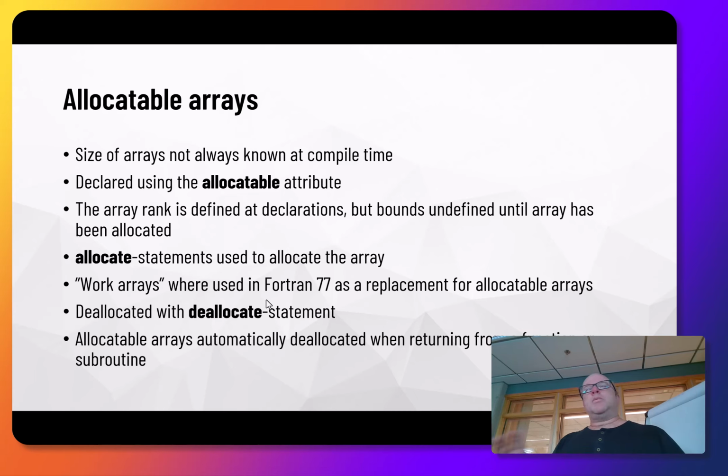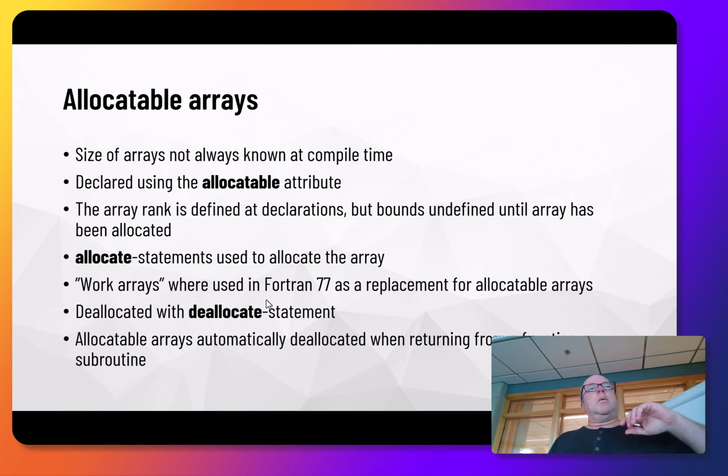And perhaps you have heard it before, but in many of the older codes, you allocated at compile time a really large fixed array, and then you had your own subroutines for managing that work array, because Fortran 77 didn't have the ability to dynamically allocate memory.